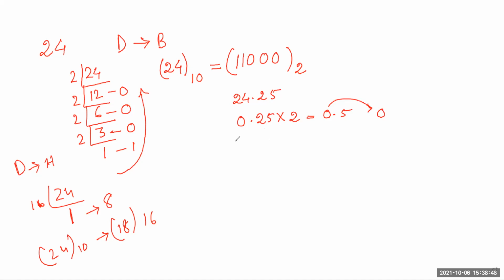Next, 0.5 multiplied by 2 is 1.0, so here it is 1. Next, it is 0.0, multiplied by 2, this is 0.0.